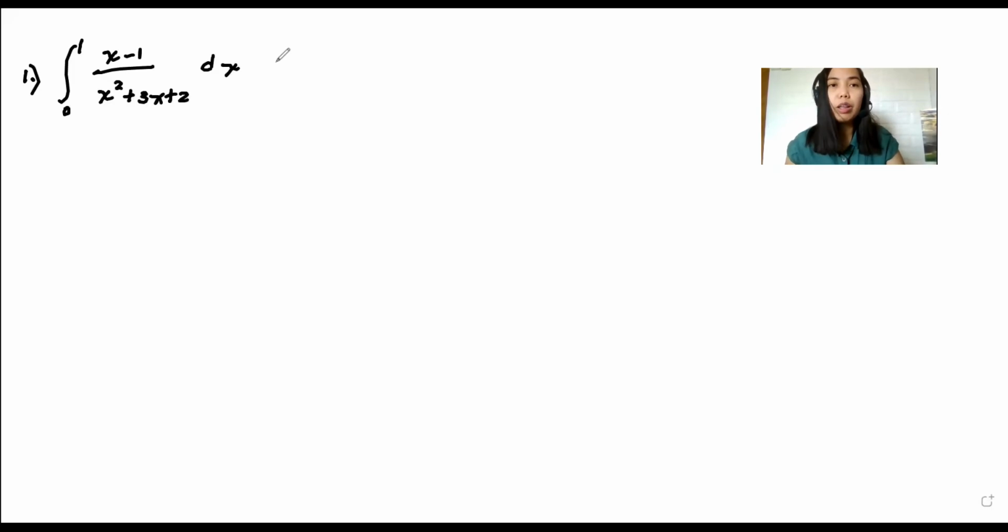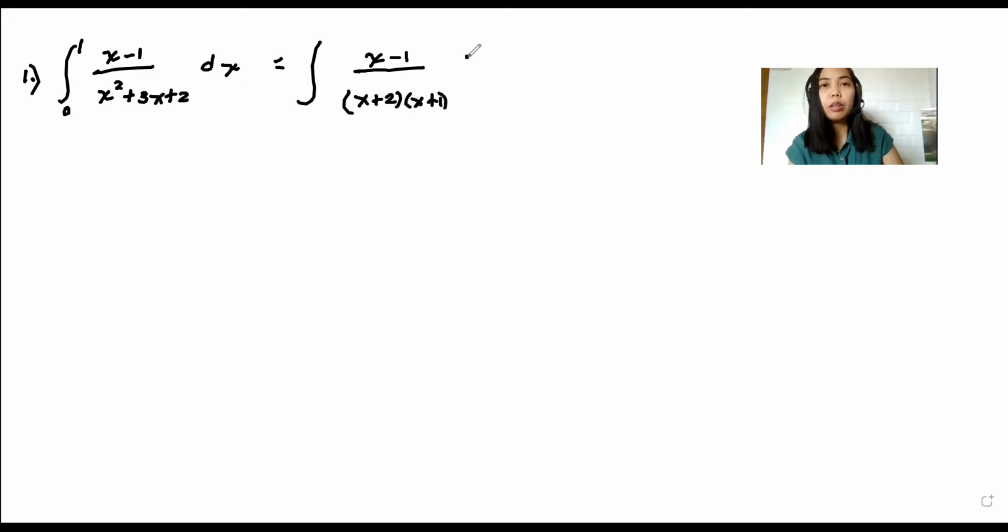When we simplify, this is also equal to x minus 1 over x squared plus 3x plus 2. Now, we're going to get the factors of our denominator, which is x plus 2 multiplied by x plus 1 dx from 0 to 1.